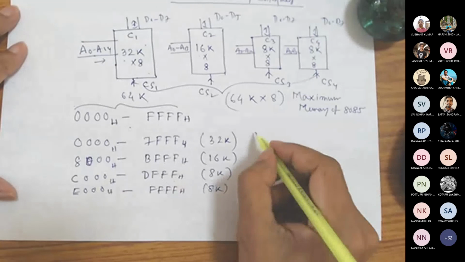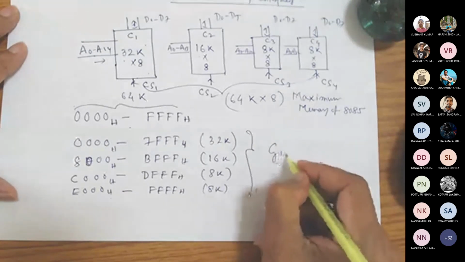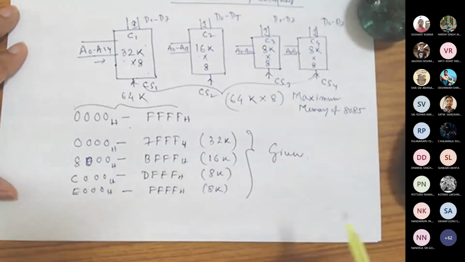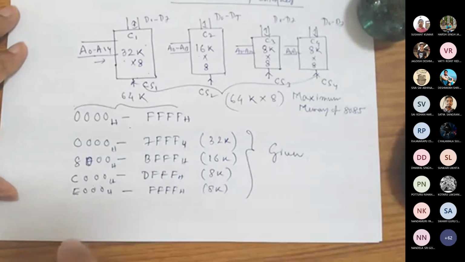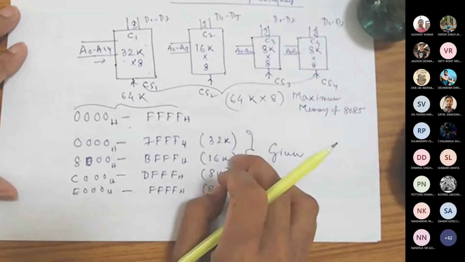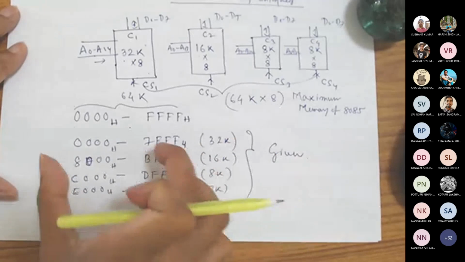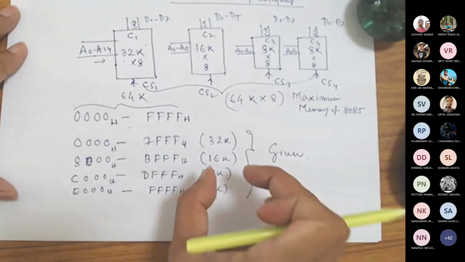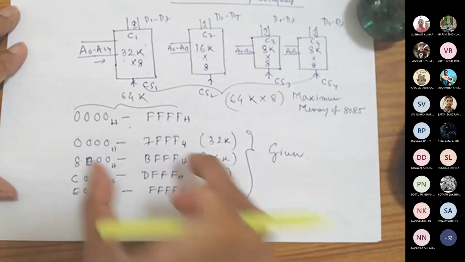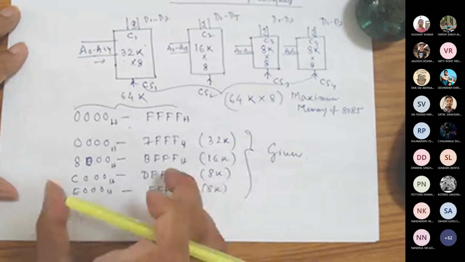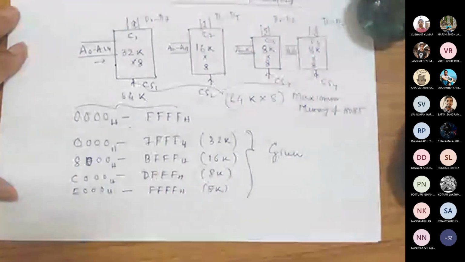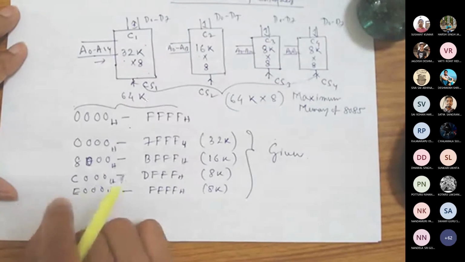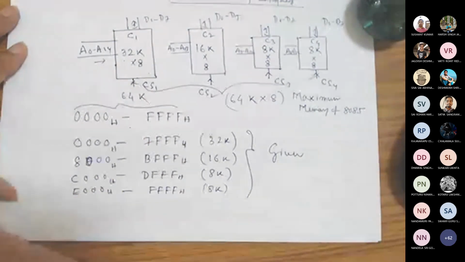Let's assume that this mapping is given, that you need to design the memory mapping as per this. The 32K chip will be mapped to these locations. The 16K chip will be mapped to this location. An 8K chip will be mapped to this location, and another 8K will be mapped to this location. And read-write operation can happen to any one of these chips.